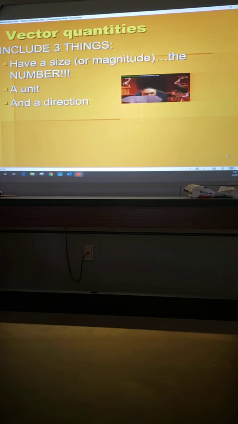All right, so not every quantity or every number is going to need to have a direction, but if it is considered vector, and we'll get into what those are, it has to have a direction as well. So 7 kilometers south, or 5 blocks away, right?